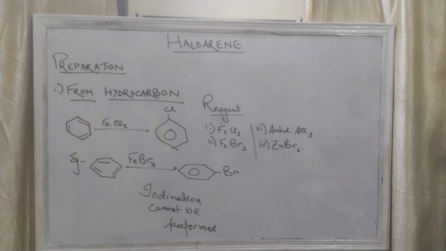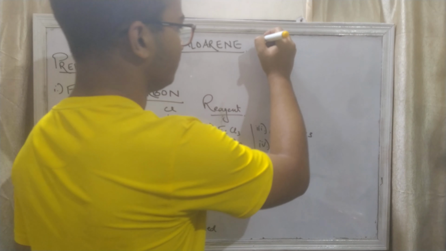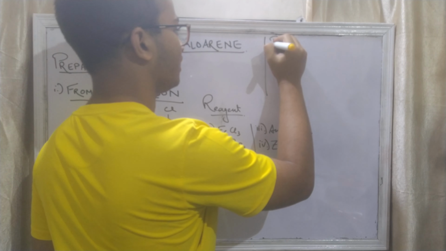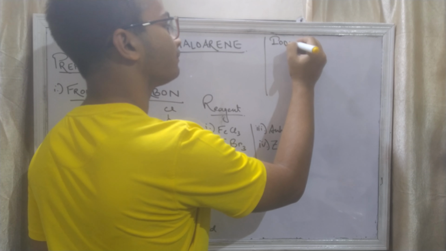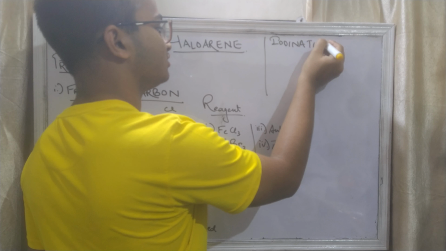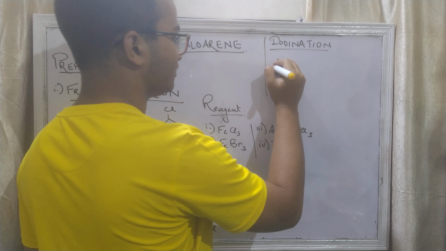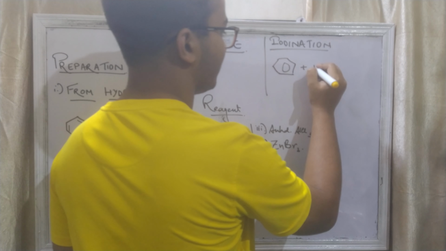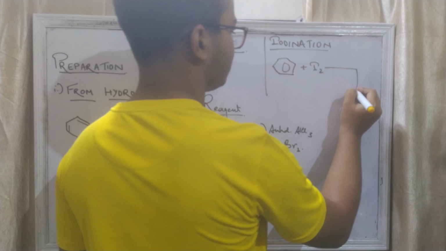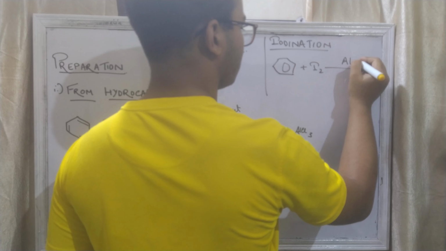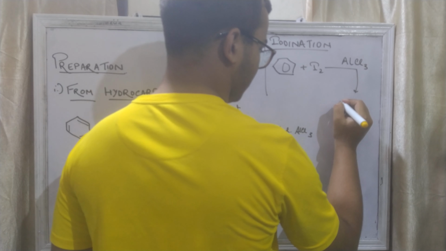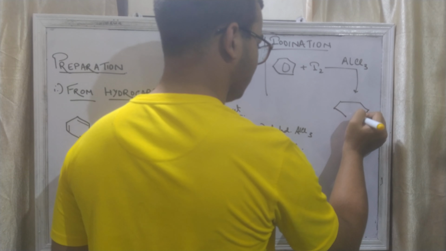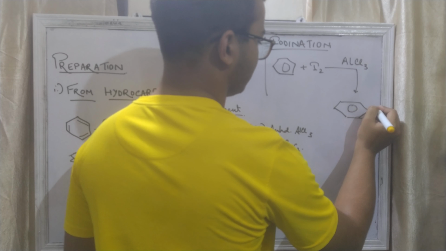Right. Okay, so what I have to perform for iodination? For iodination, I am doing it over here. I use the heading iodination. For iodination, you take the same benzene ring. Okay, you take I2, and in presence of AlCl3, you get iodination product, which is your iodobenzene.